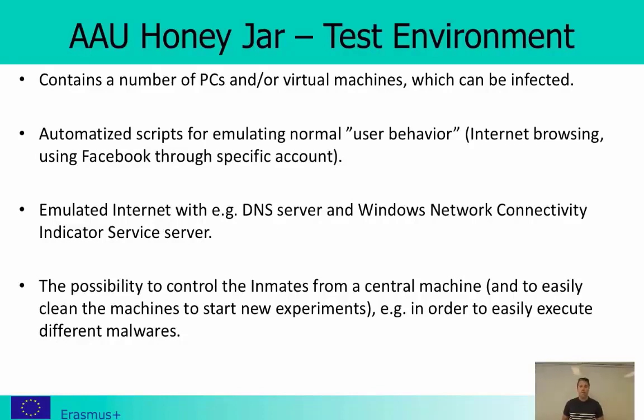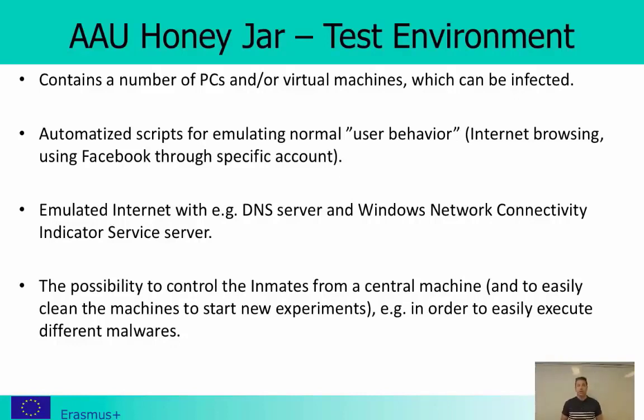And by normal user behavior, that's really some simple internet browsing: we open our browser, go to Google, search some words in a dictionary, click on a link, close down the web browser, and so on. We also have a Facebook account, so we can open the web browser, go to Facebook, log in with a specific account for the purpose, log out, and go out again.